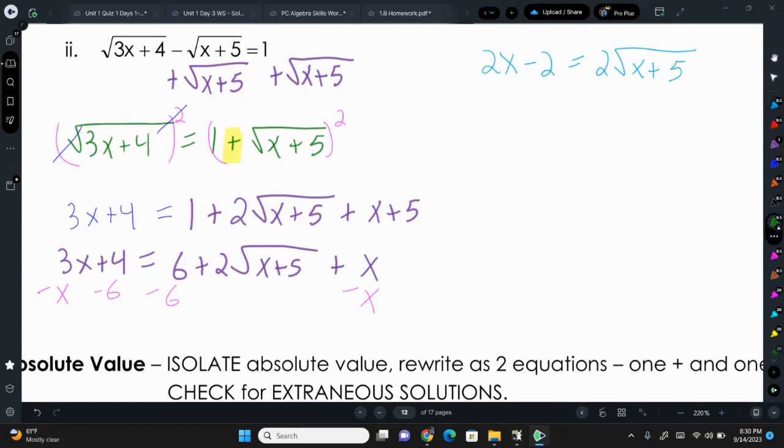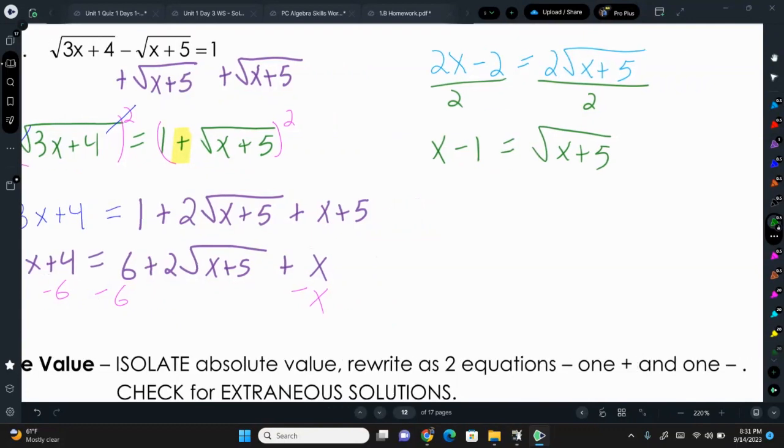Well, we still don't have the square root by itself, so we divide both sides by 2. So on the left side, this will become x minus 1 equals the square root of x plus 5. So then we will square this again on both sides.